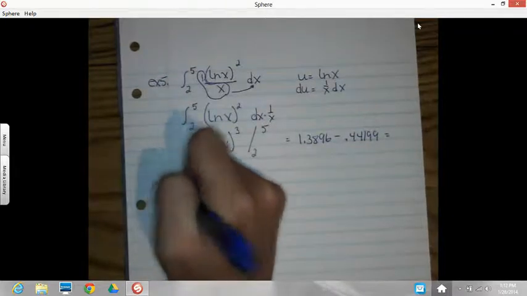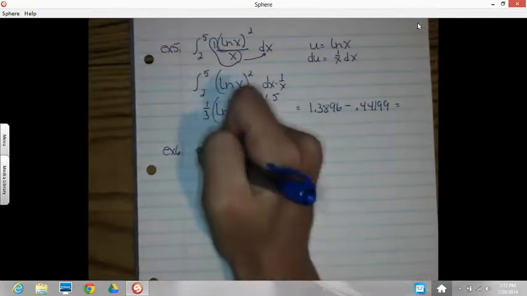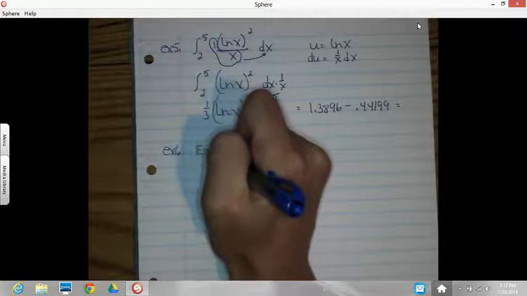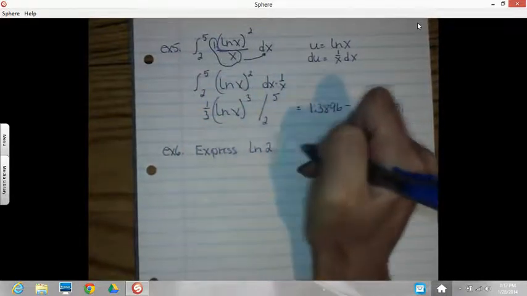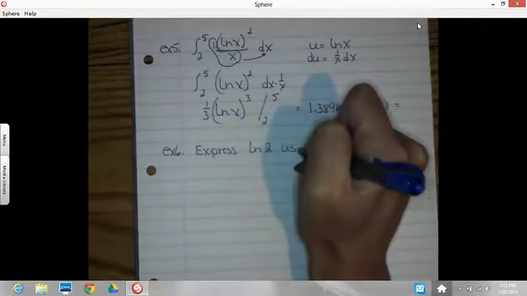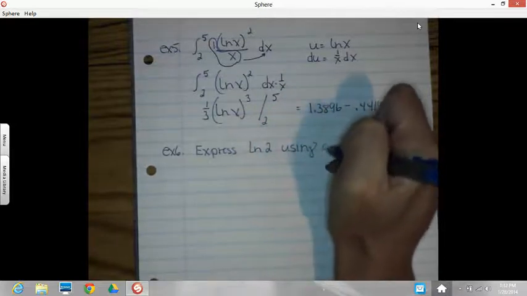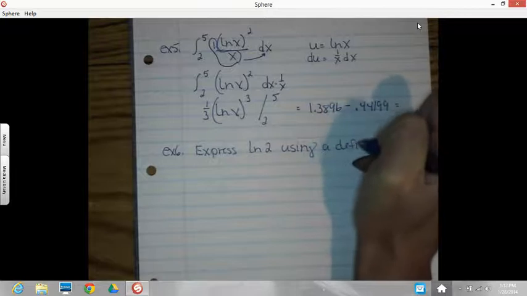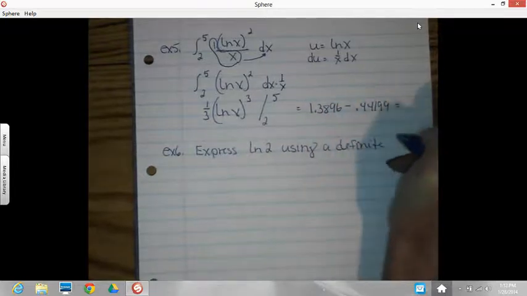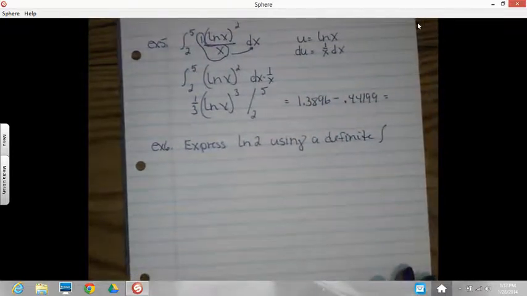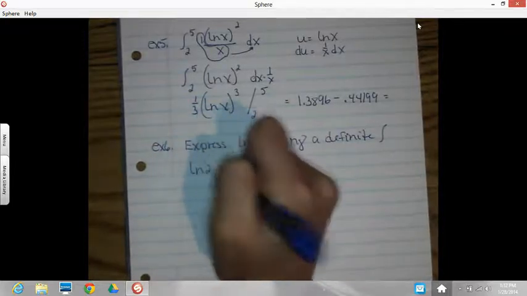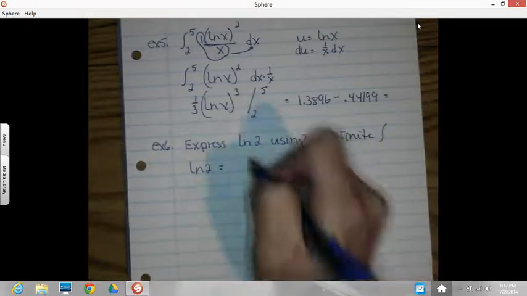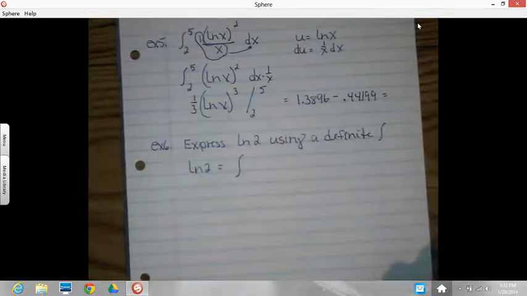Here, and it's different. We want to express the natural log of 2 using a definite integral. Okay, so what it's asking for is it wants natural log of 2 to be the answer of this definite integral problem.